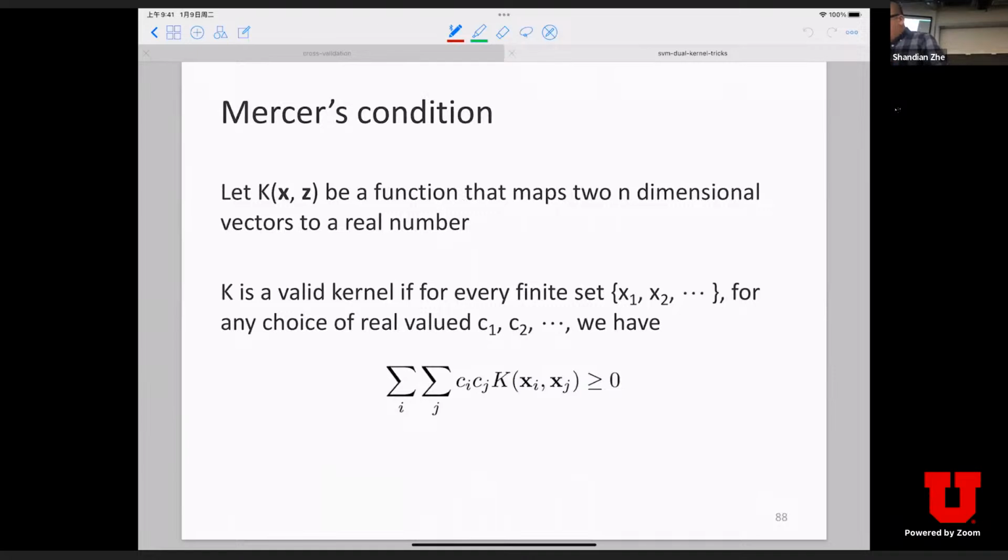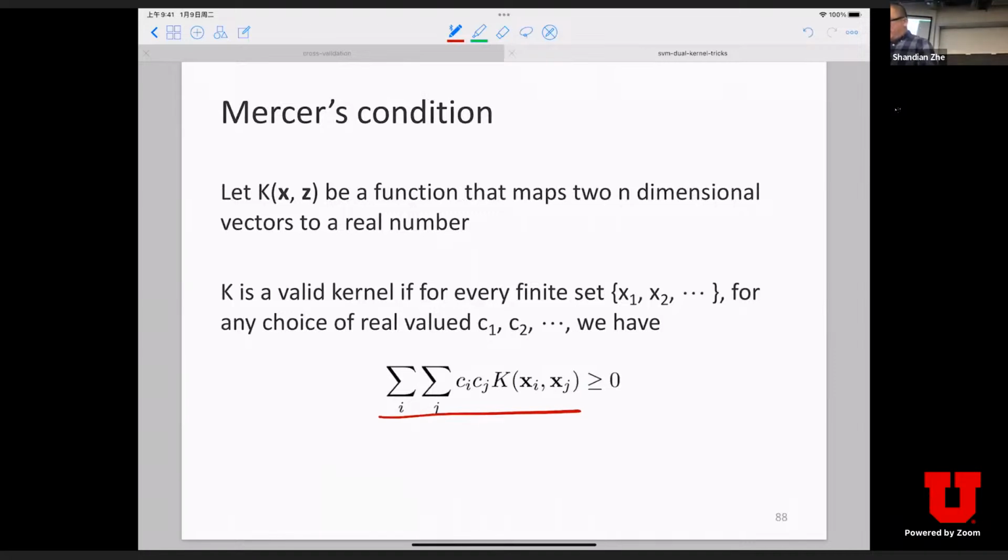Let K of X and Z be a function that maps two n-dimensional vectors to a real number. That means it is a binary input function. If K is a valid kernel, then for every finite set of x1, x2, and for any choice of real values C1, C2, you get this to be non-negative. What does it mean?